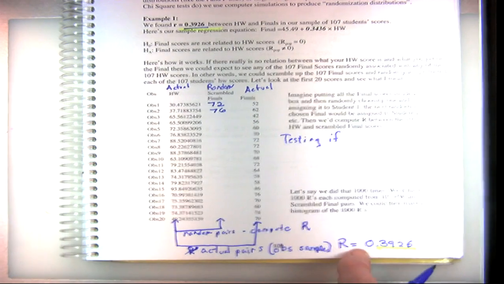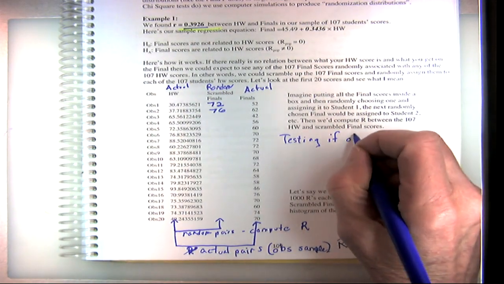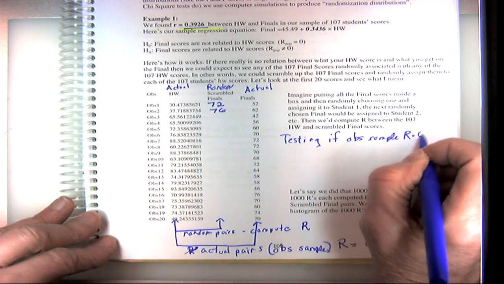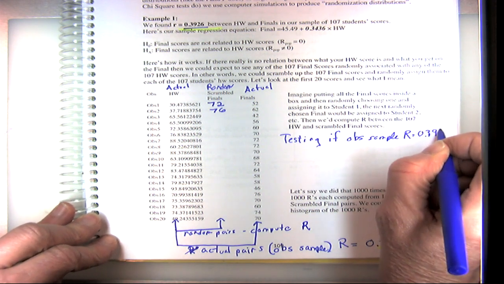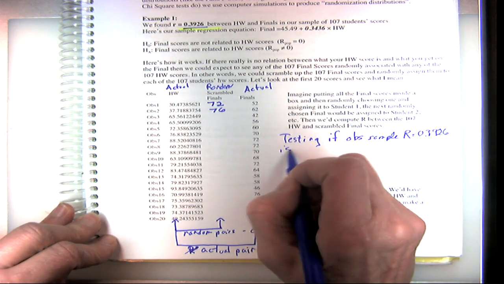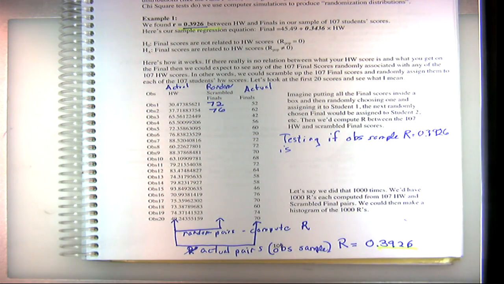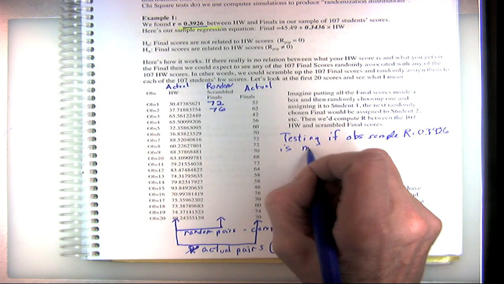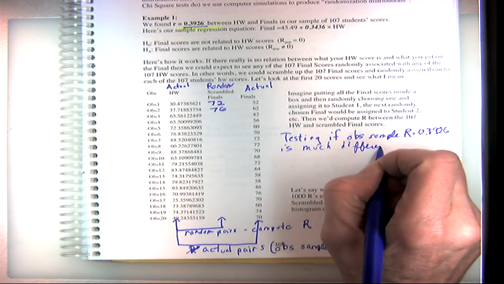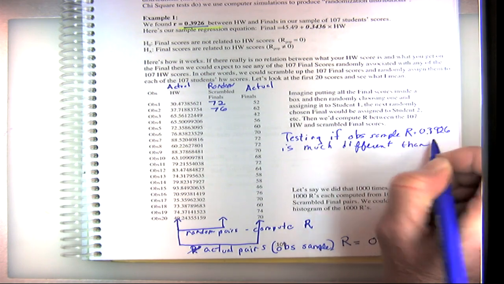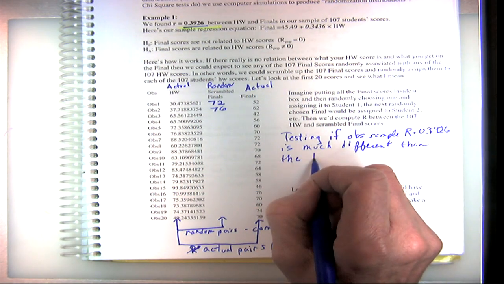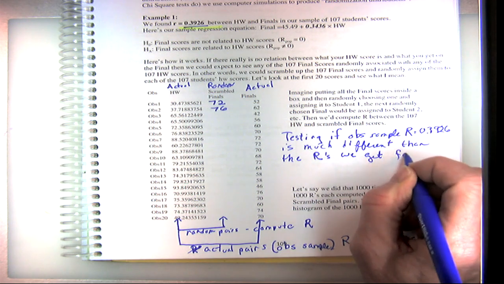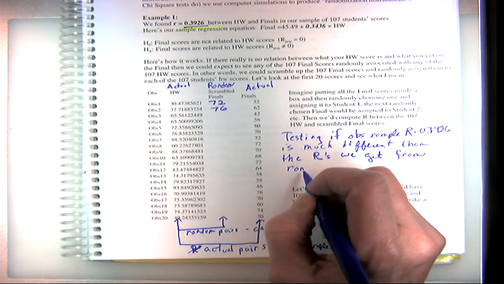If our observed sample R that we got, equal to 0.3926, is well beyond what we'd expect, more extreme, is much different than the R's we get from random scrambling of the homework and the exams.